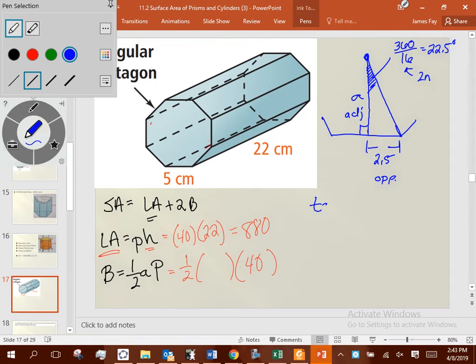Tangent. So tangent of my angle is equal to 2.5 divided by A. A is then 2.5 divided by tangent of 22.5.